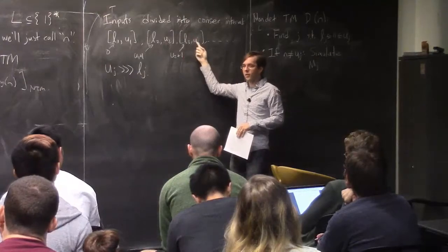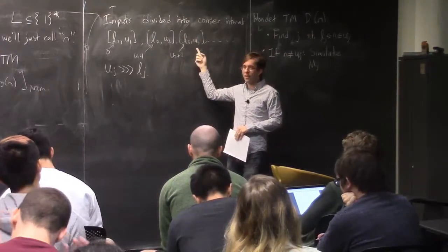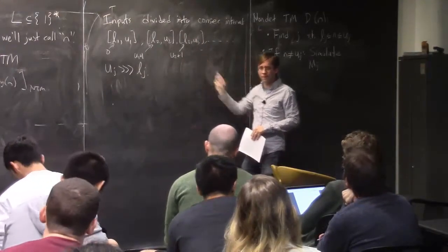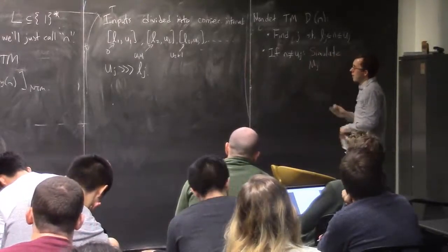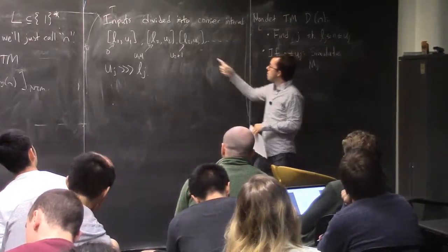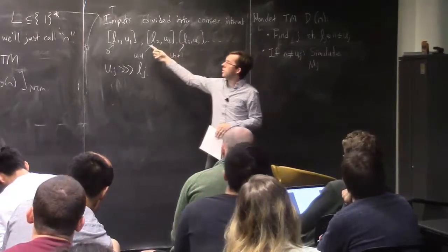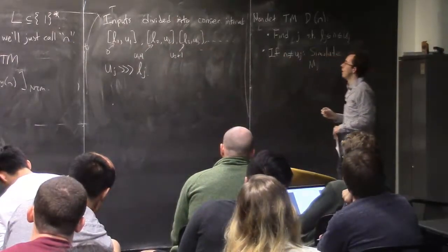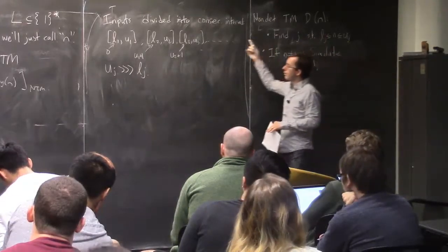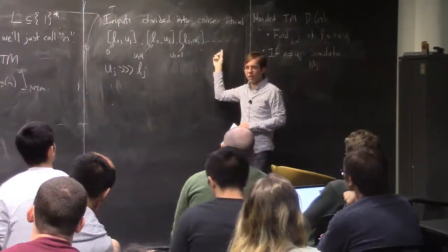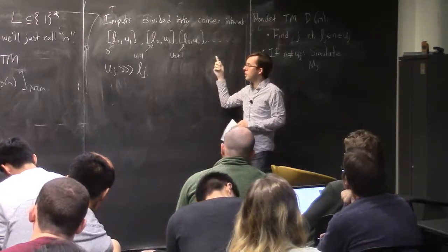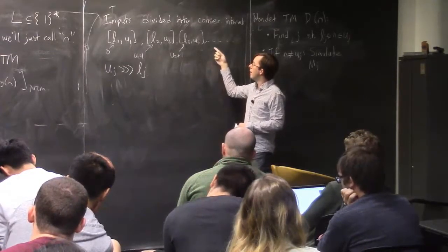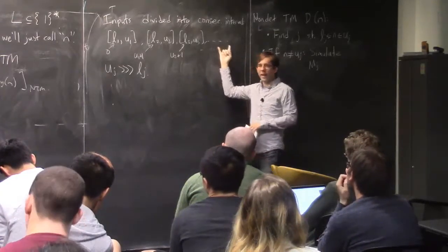Not the numbers inside the interval, but if this is the third interval that n is in, we'll simulate M3. Because basically we want to understand what M3 is doing on this interval, and what M2 is doing on this interval, and what M1 is doing on this interval. So the n just tells us what interval we're talking about. But we don't worry about Mn, we worry about the machine for the interval that n happens to lie in.